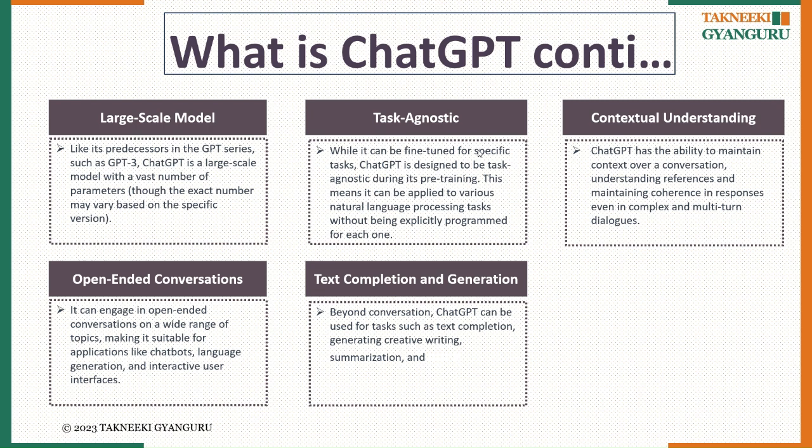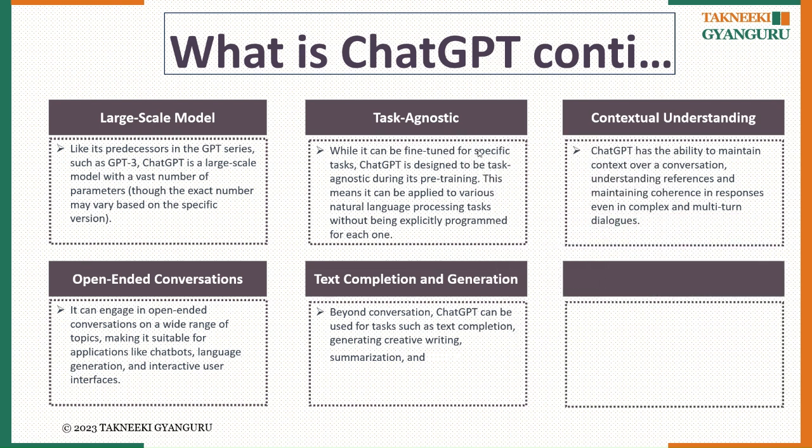We can get the content, and then create a slide in a few minutes. Summarize also, like suppose I have a 10 page article, I want to summarize in 4 lines, or summarize in 1 page. That is called text completion and generation.